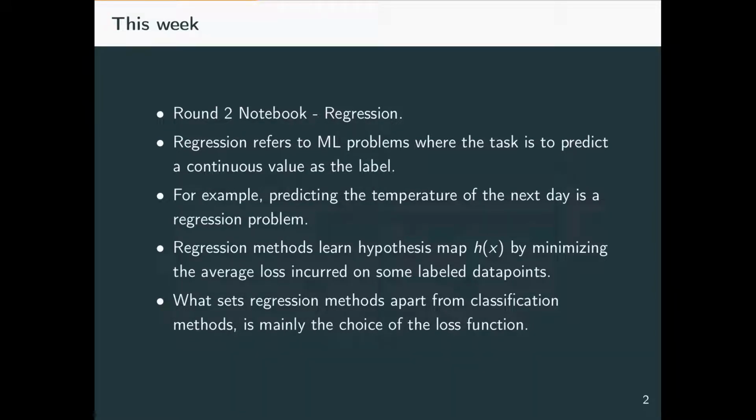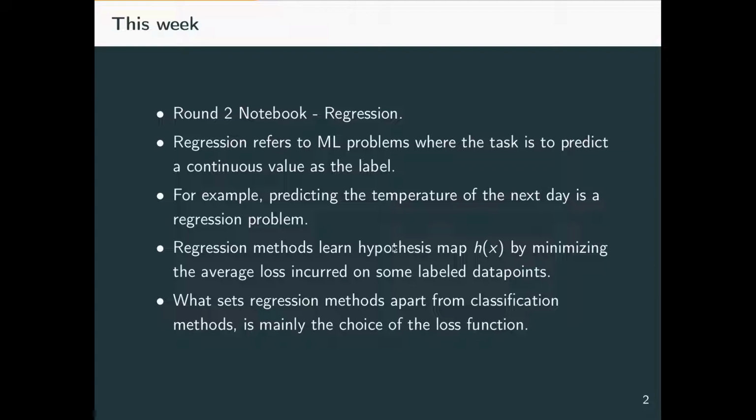The price can be any positive real number, so there are, in a way, infinite possible labels. Another example is predicting the temperature of the next day and so on.